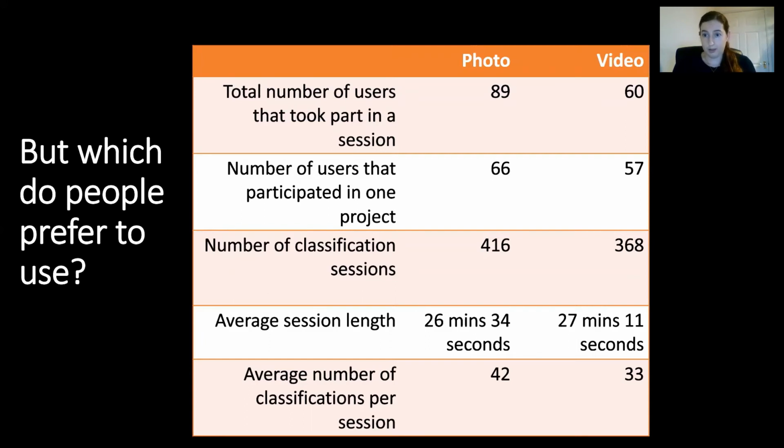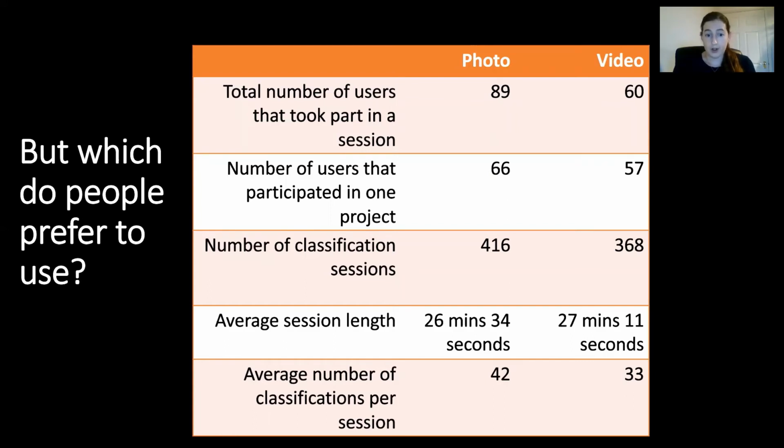And when people did participate in one of these sessions, the mean amount of time that they would spend classifying, based on when they first submitted a classification to the time when they submitted their last one in that session, was just over 26 minutes for the photo project and about 27 minutes for the video project on average, which is obviously a very similar amount of time. So perhaps that's just the amount of time people usually have for participating in this kind of project.